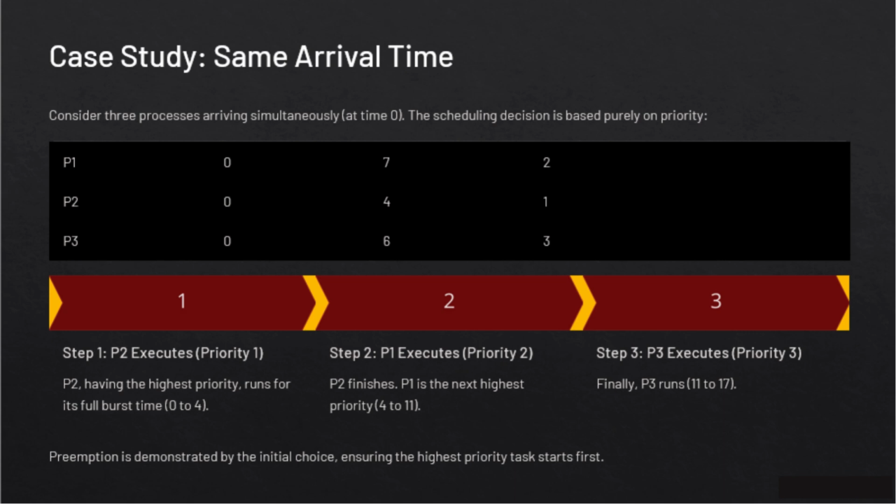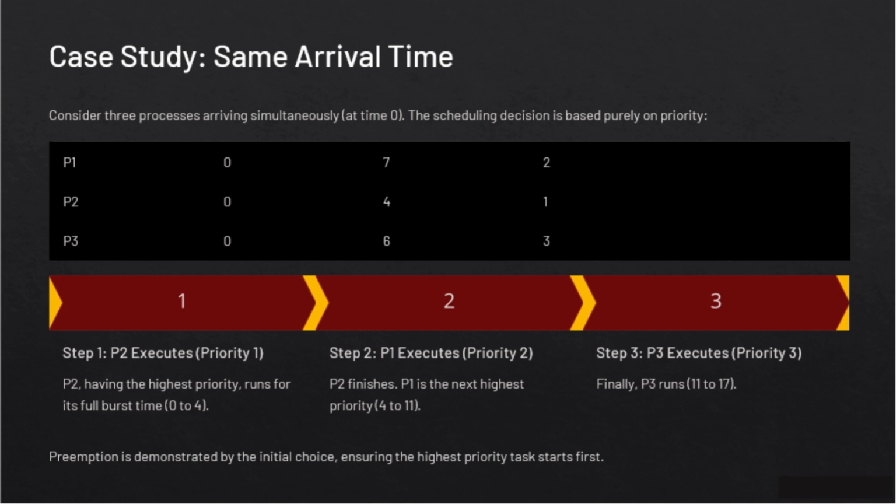Let's understand this with an example where all processes arrive at the same time. Here we have three processes P1, P2 and P3 arriving at the same time, 0 seconds, but each with different burst times and priorities. Since P2 has the higher priority, priority number 1, it runs first.